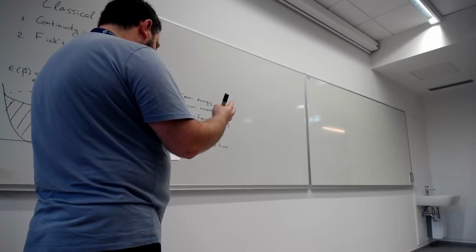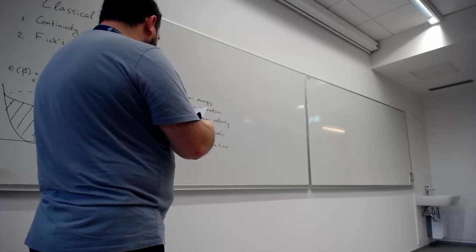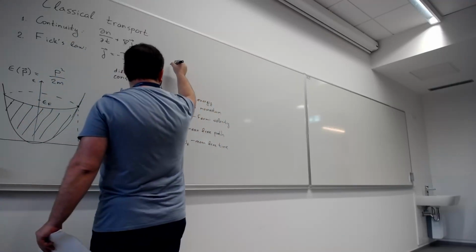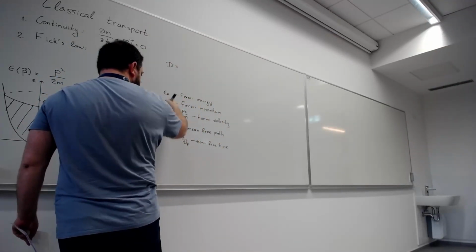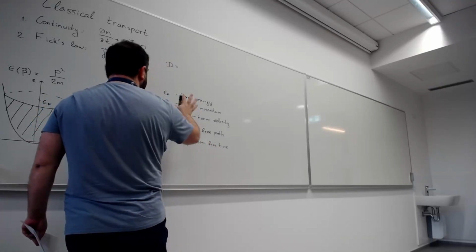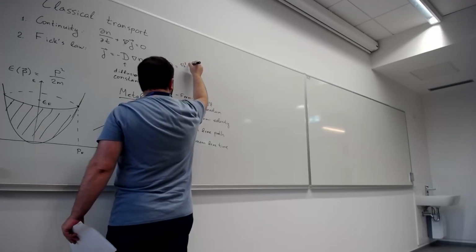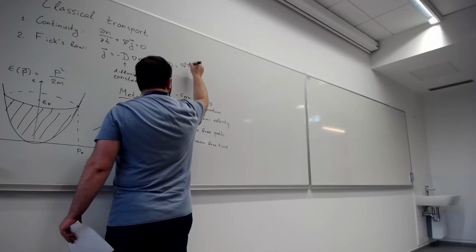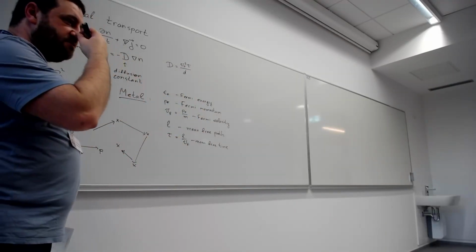So for these two laws that I put here, the diffusion constant can actually be deduced from these parameters. I will not derive this relation, but this is the main equation.